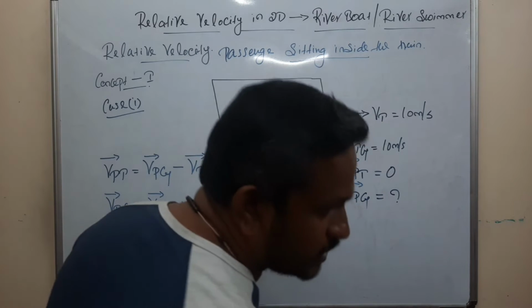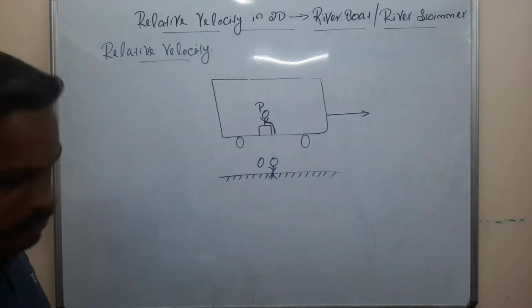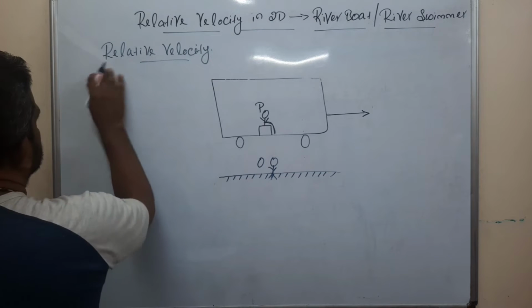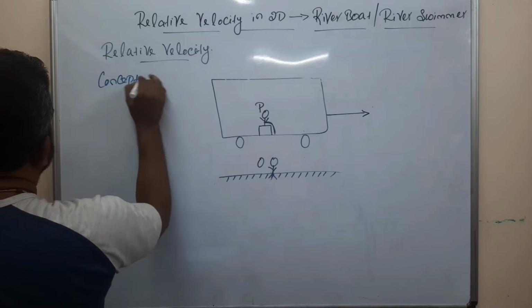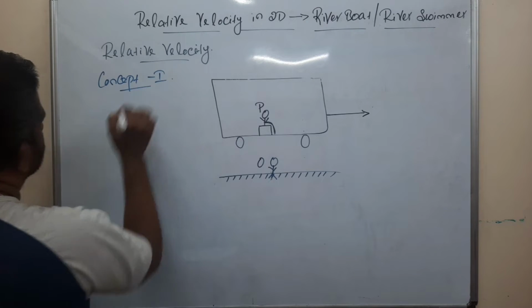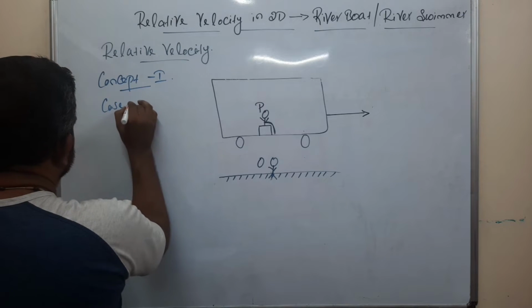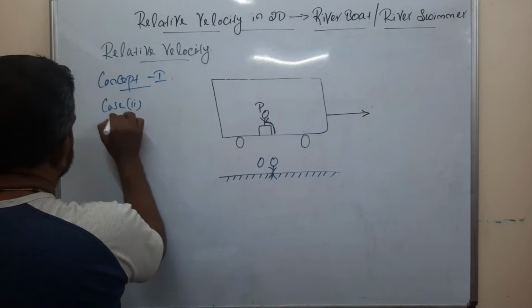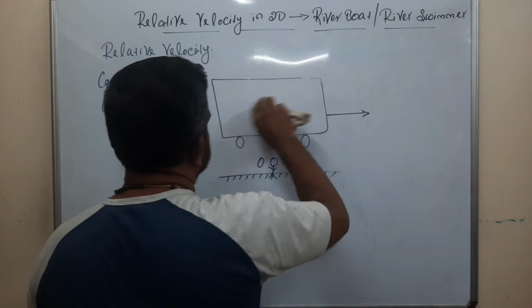Okay, so what is case 2? Next one, concept 1, case 2. So this is a train.